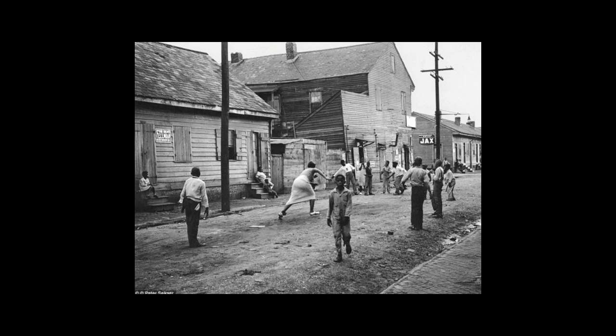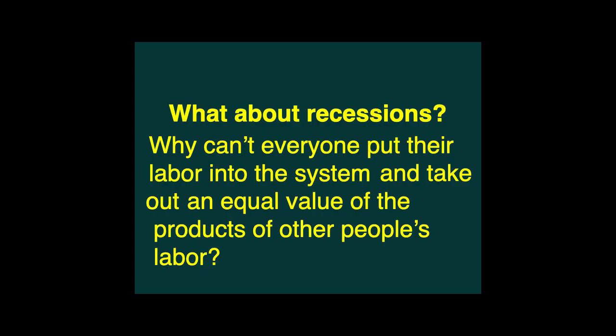Now, in addition to the general tendency of not enough jobs and low wages and so on, what about recessions? Why can't everybody put their labor into the system and take out an equal value of the products of other people's labor?